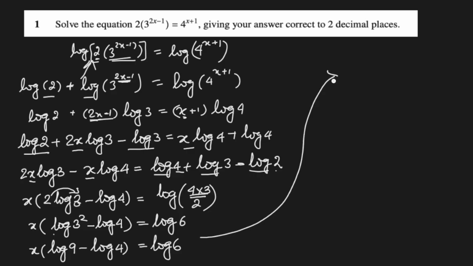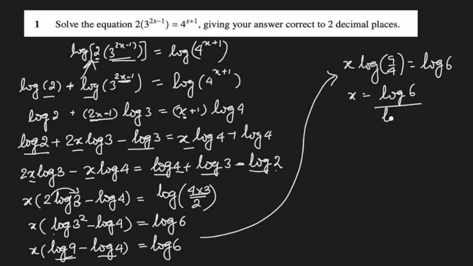And we will complete it here. Log 9 and log 4 are subtracting, so it will become what? x log 9 over 4 equal to log 6. And x becomes log 6 divided by log 9 over 4.